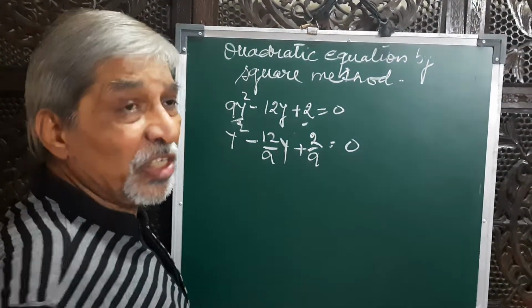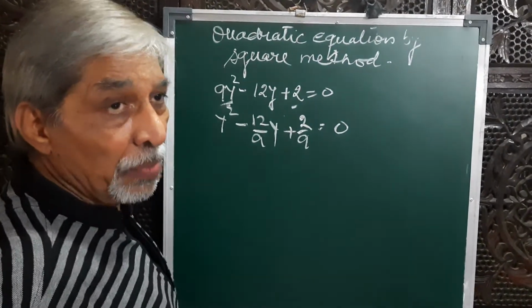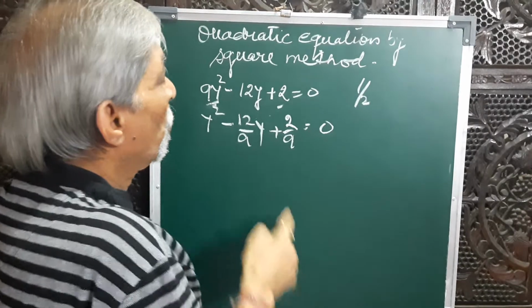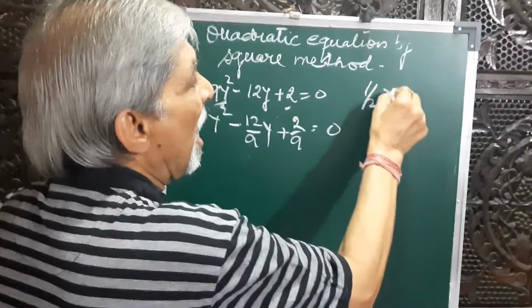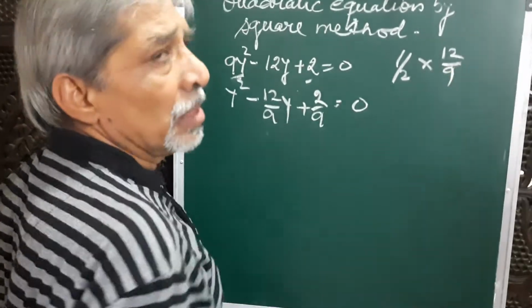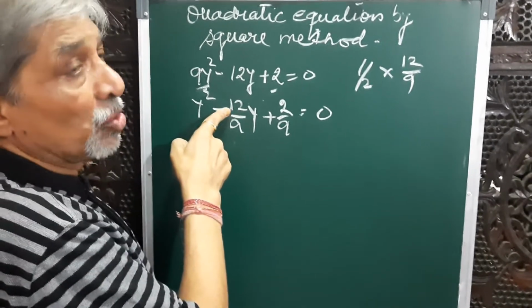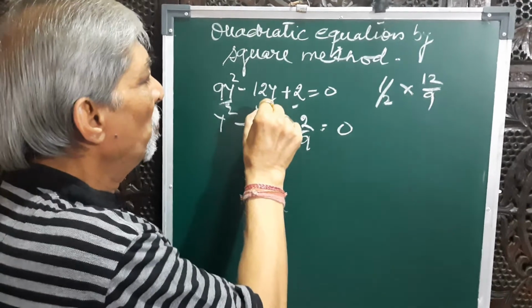Which term we have to add, we can find by a formula: half into the coefficient of the middle term, the whole square. Half into 12 upon 9. Or you can first write this in the least form, 3 is a 3, 4 is a 3.